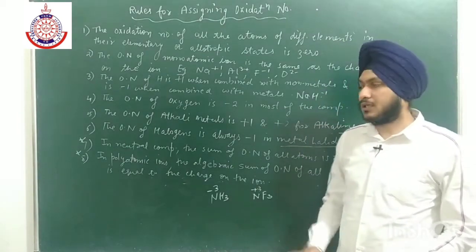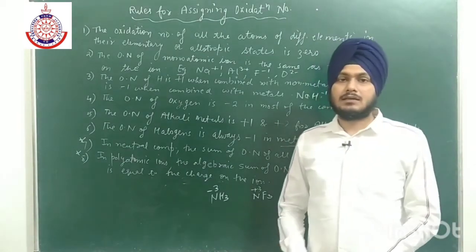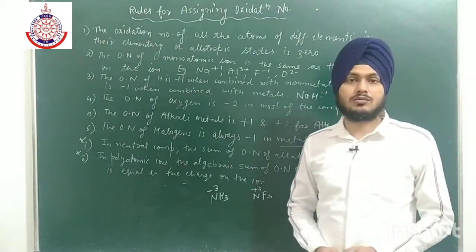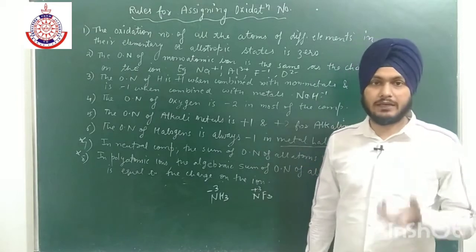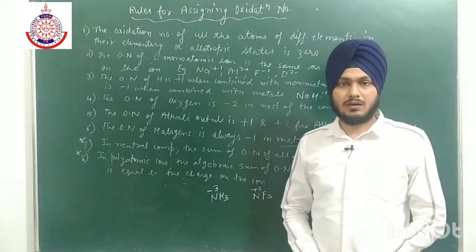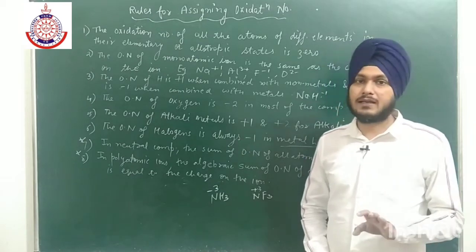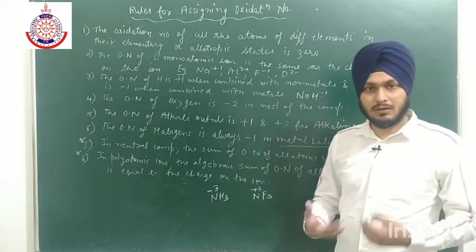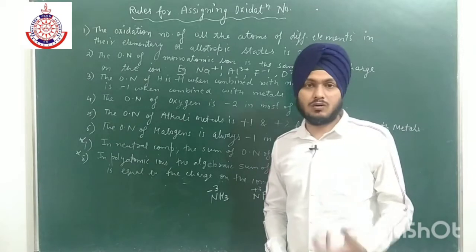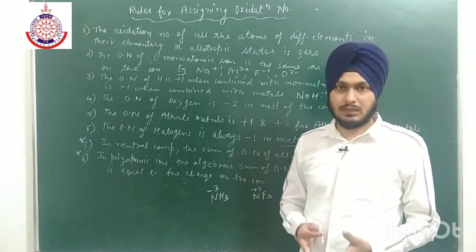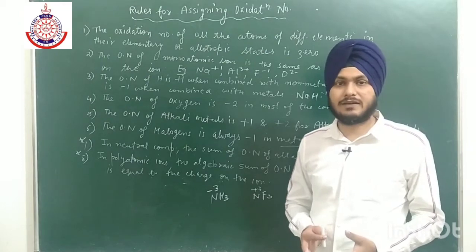So you have to keep these 8 or 9 rules in mind in order to find the oxidation number of any atom or element in a compound. Now let us solve some problems on how to calculate the oxidation number of any atom.